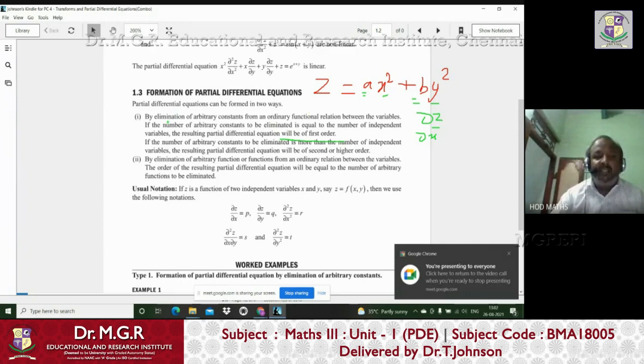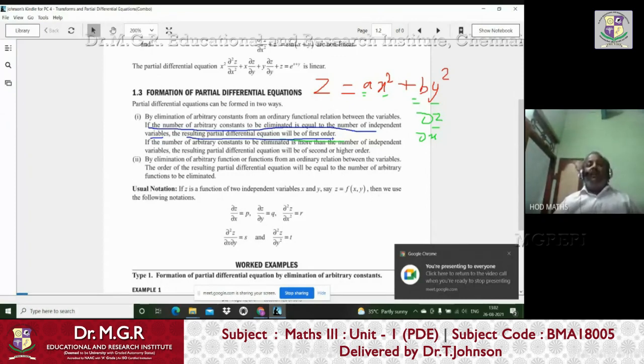So the theory says if the number of arbitrary constants to be eliminated is equal to the number of independent variables, then the resulting partial differential equation will always be of order 1.